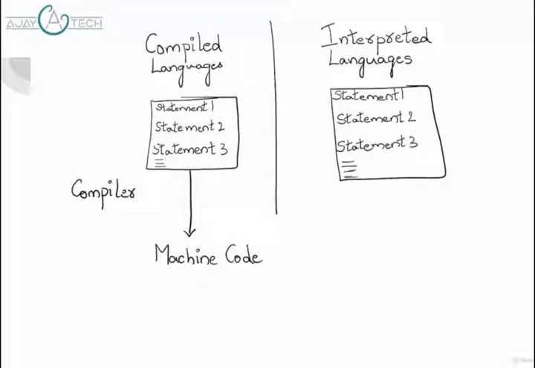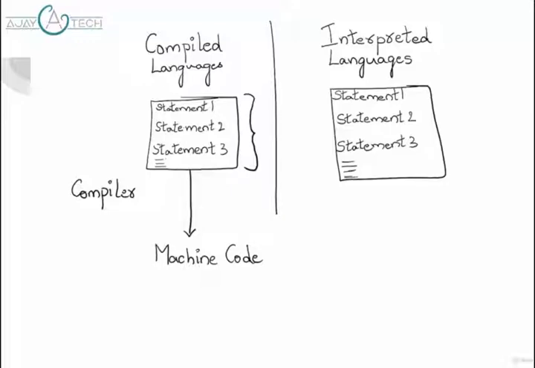And the compiler translates the code all at once. So all the statements in a program are translated at once, and the processor then executes upon the machine language that the compiler has produced.